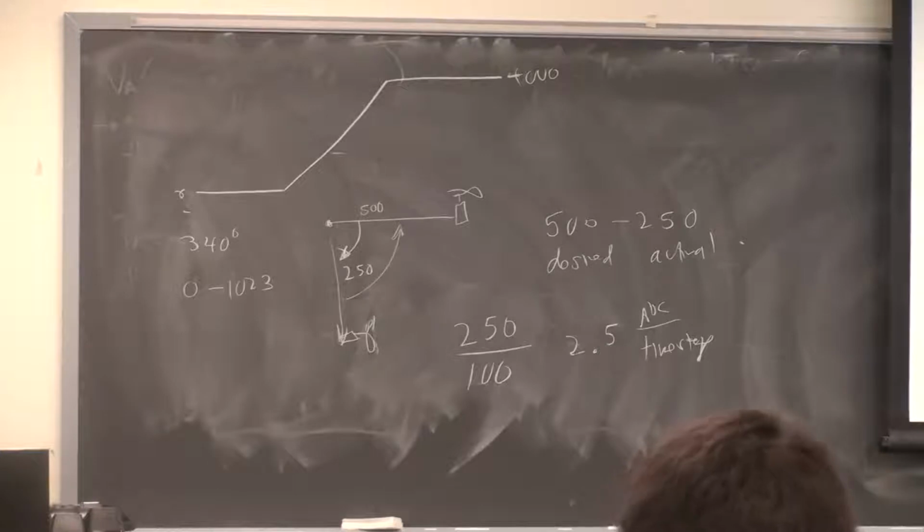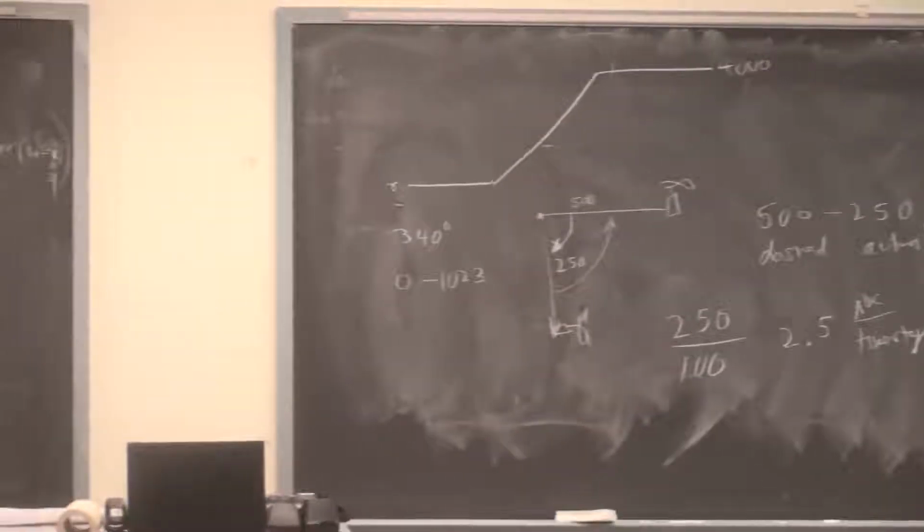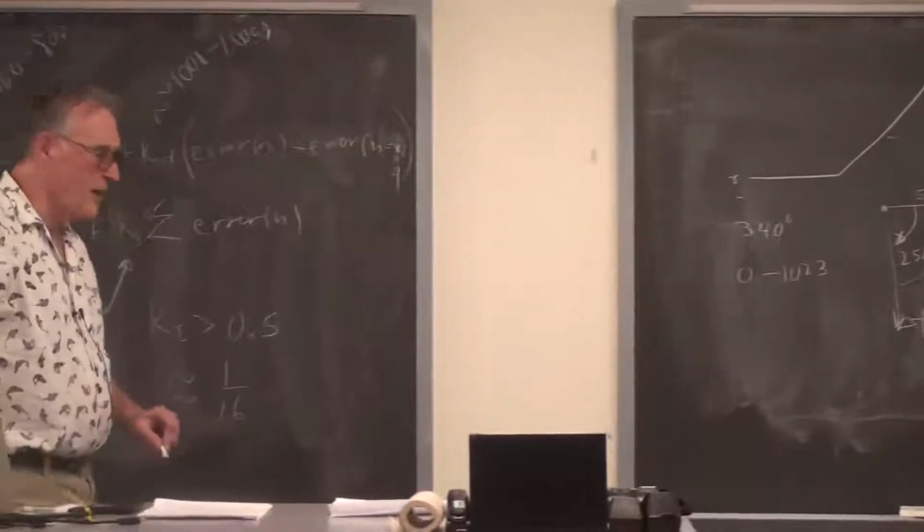So ki has to be fairly small. And what I found was that the system wasn't stable if ki was greater than about 0.5, that the integral term wasn't stable. In fact, it worked pretty good down around 1/16 or so.